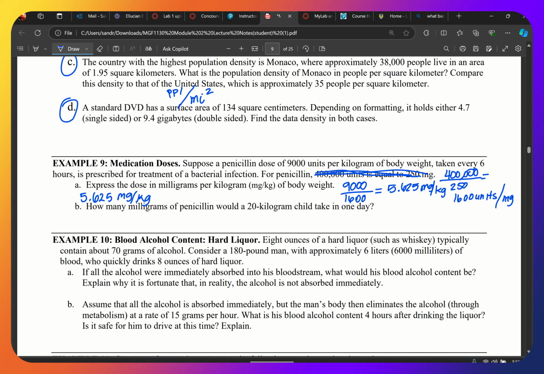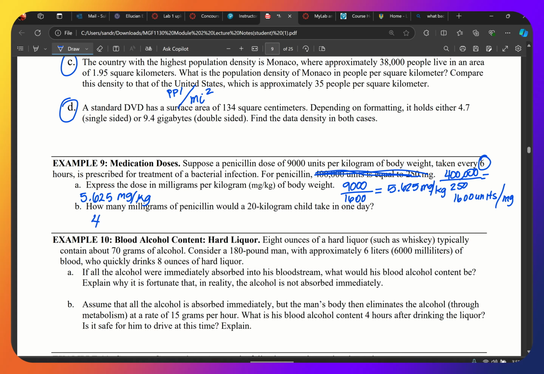Now, part B, how many milligrams of penicillin would a 20 kilogram child take in one day? Well, it's every 6 hours. How many times a day if it's every 6 hours? 4.